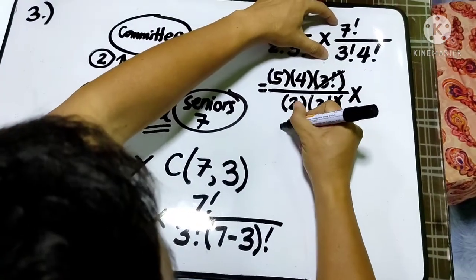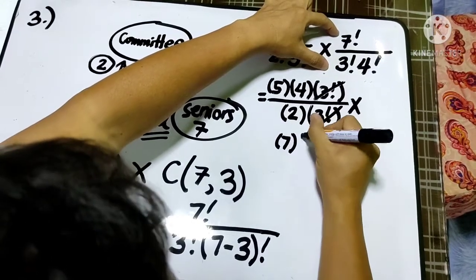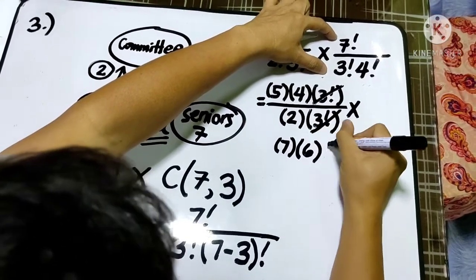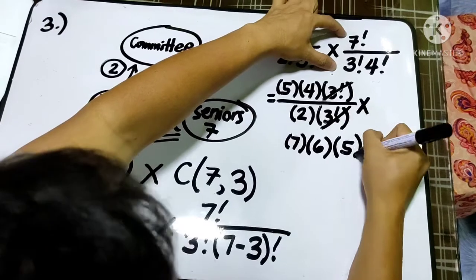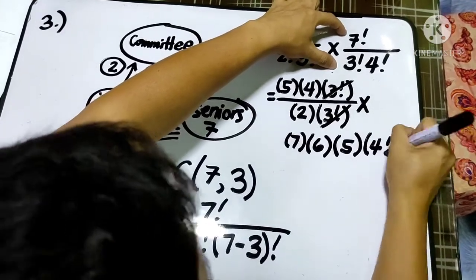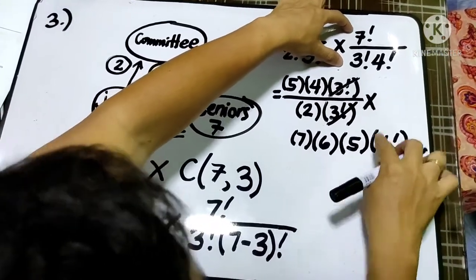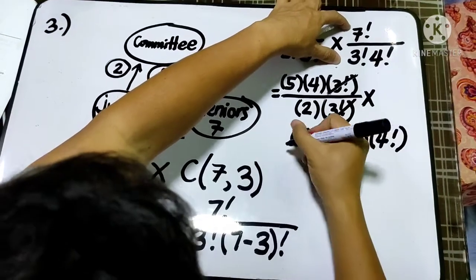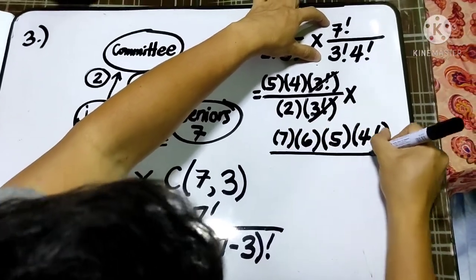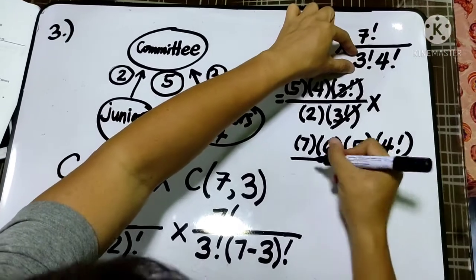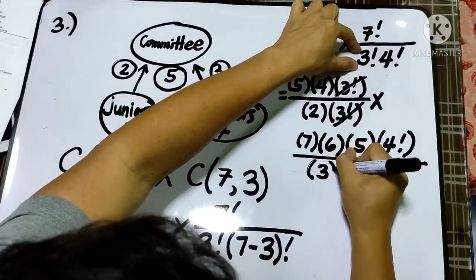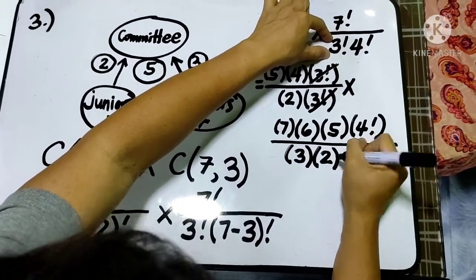So this becomes 7 times 6 times 5 times 4 factorial. You stop at 4 factorial dahil merong 4 factorial sa denominator. Over 3 factorial is 3 times 2.